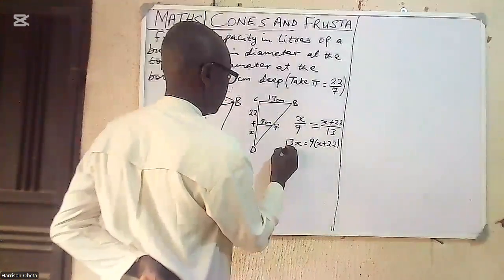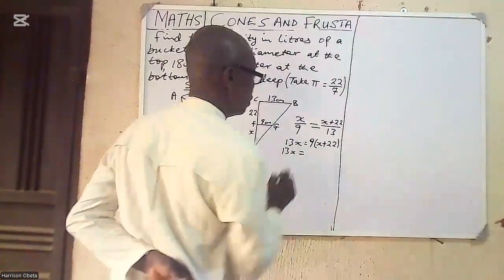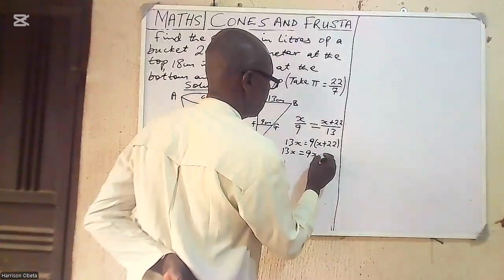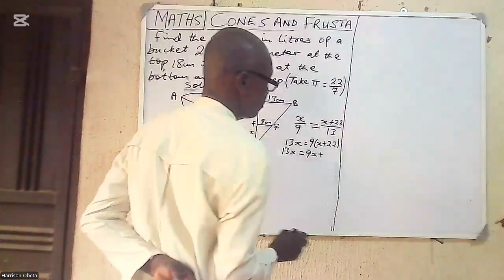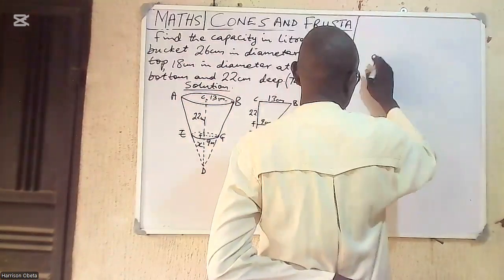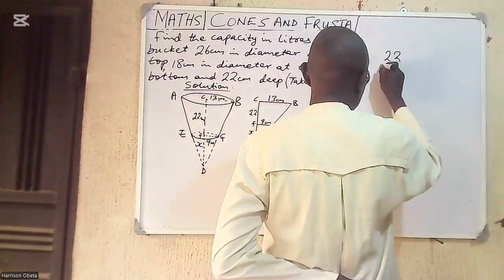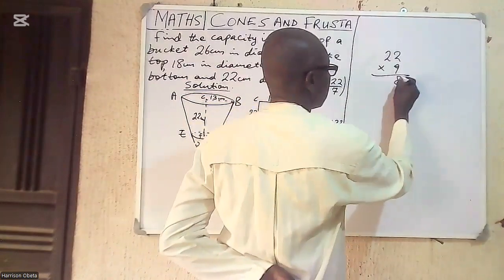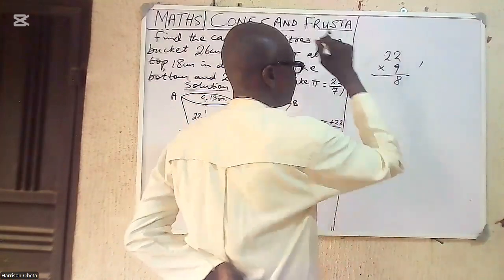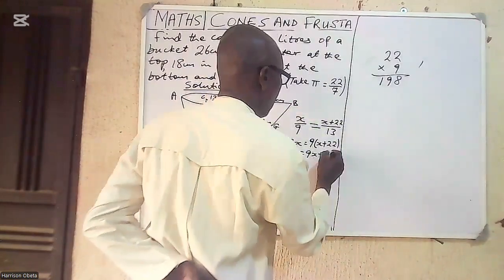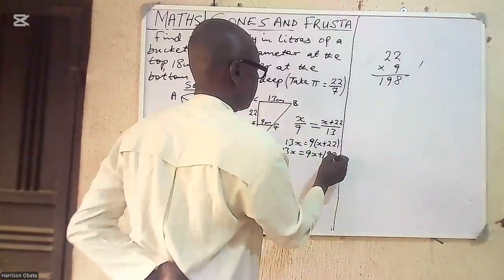So if you cross multiply, you have 13x equals 9 bracket x plus 22. And then open the bracket, you have 13x equals 9x plus 9 times 22, which is 198.